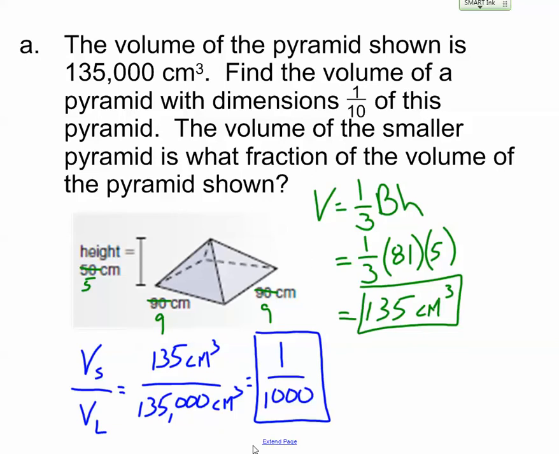And hopefully that's not a huge surprise to you, because remember we did 1/10 of the dimensions, and for volume it should be the scale factor cubed. So because the dimensions were 1/10, the volume is going to be 1/10 cubed the size.